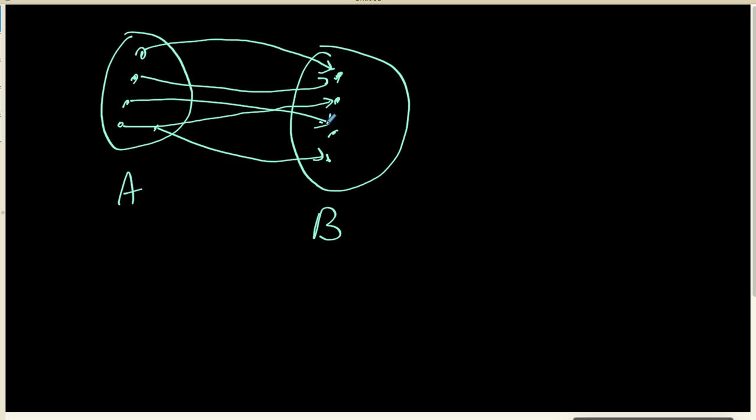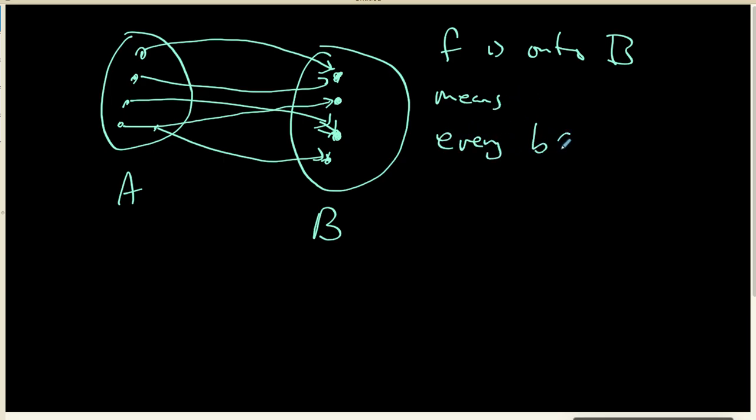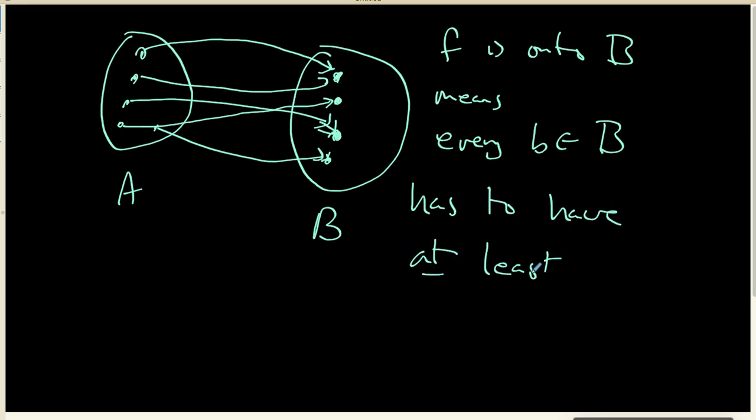So now you'll notice that we've covered every single one of the elements in B. So f is onto B, in terms of arrow diagrams, means every b inside set B has to have at least one incoming arrow.